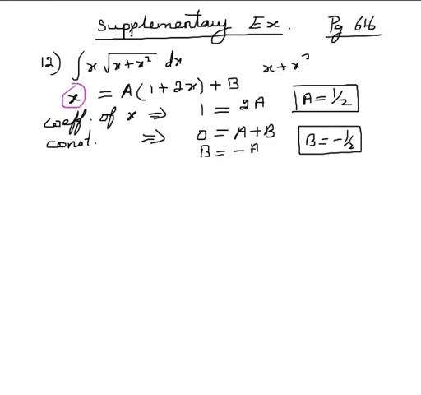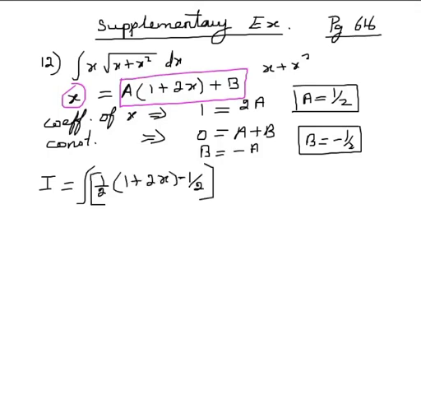Let us replace x in the question by this expression. Therefore the given integral becomes integral of, in place of x I can write half into 1 plus 2x, b is minus half, into root of x plus x square dx.